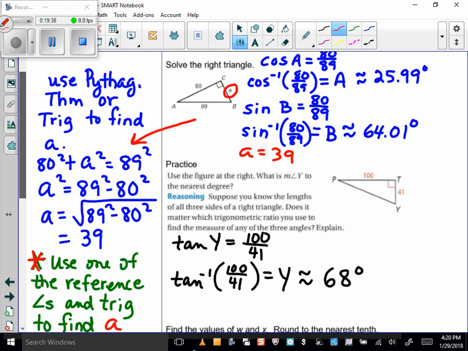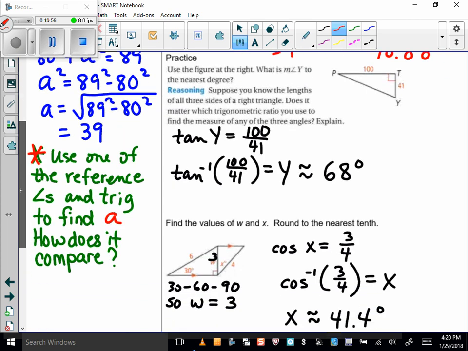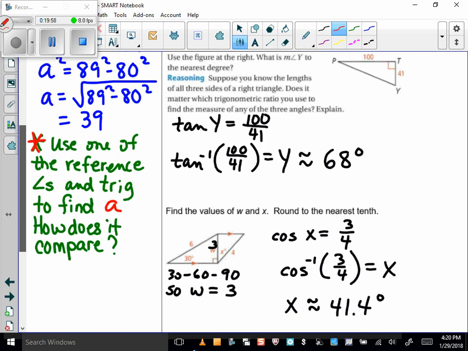And then I just had to use my inverse functions to find the measures of angles A and B. And remember, they should always add up to 90. So those two do add up to 90 when I add those together. That's good news. All right, the next problem says find the measure of angle y.